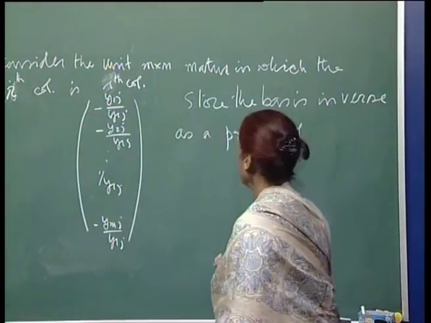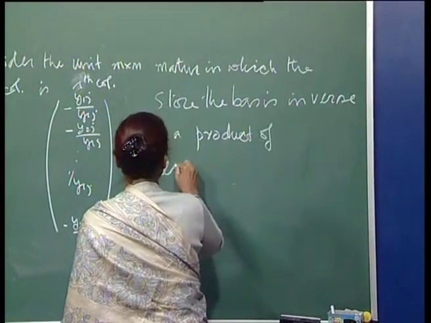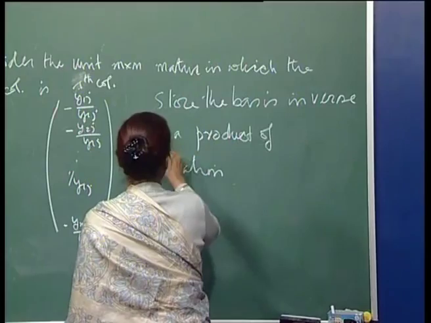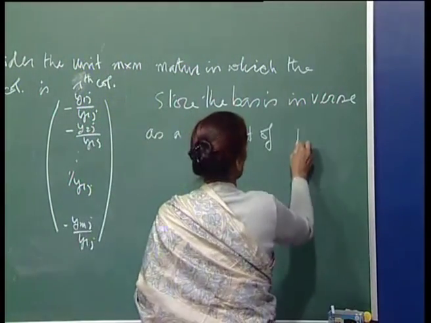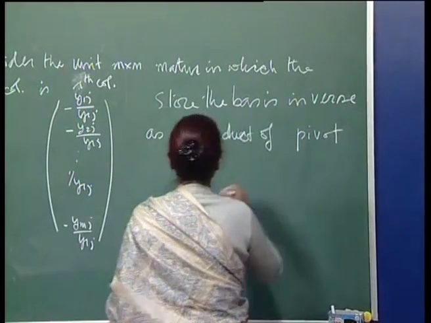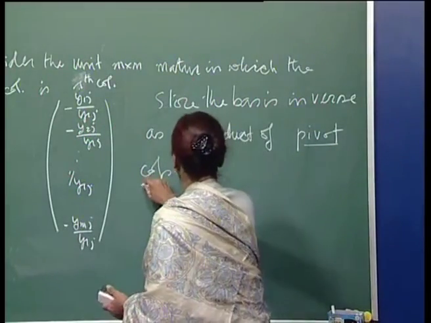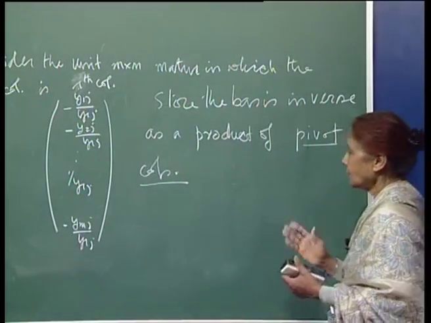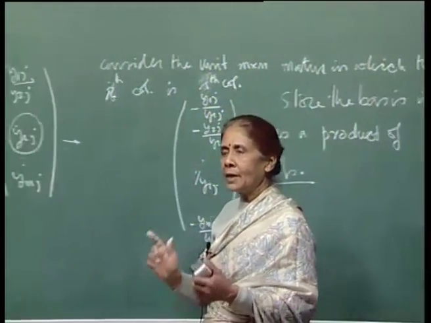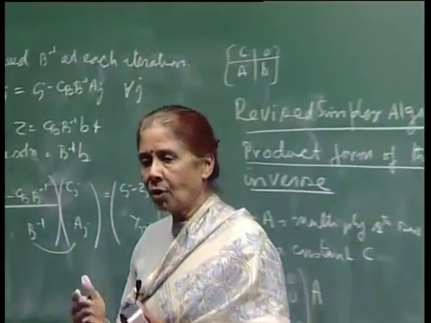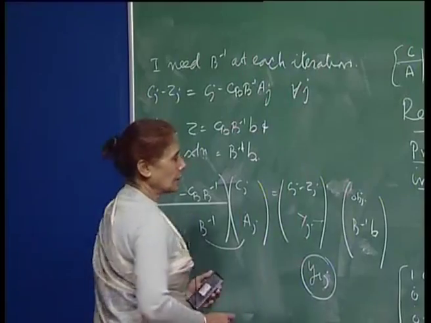I will maybe coin a new word here: the inverse as a product of iteration matrices, or pivot matrices, as a product of pivot columns. So, this is my own term, but you understand that I can just store the inverse as a product of these, and when I need it, I can simply multiply them all and get my B inverse, then get all my other quantities and continue with the algorithm.